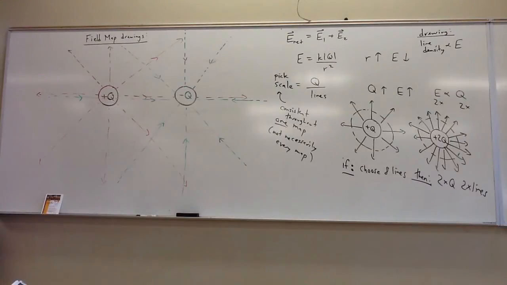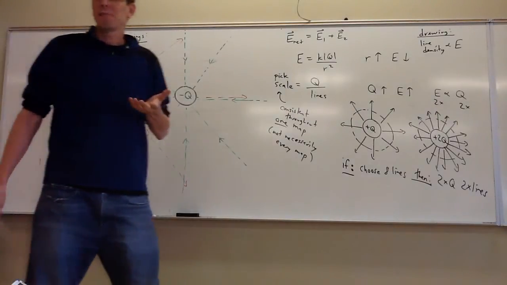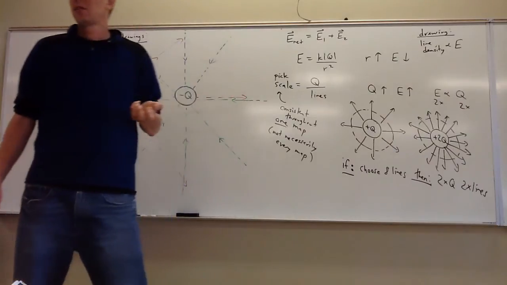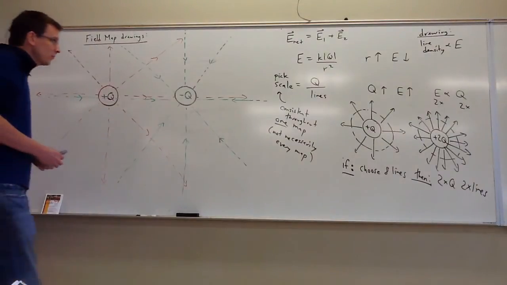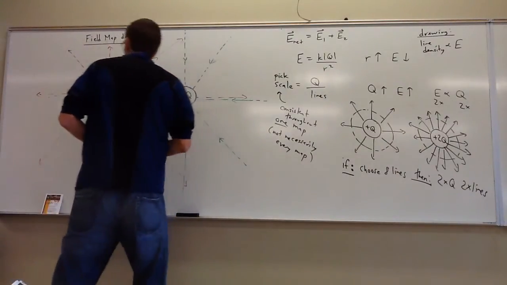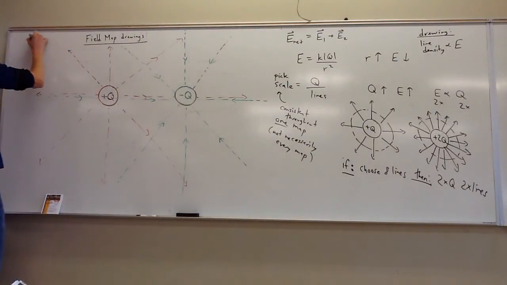So be aware of that for other maps you might be looking at on the homework, for instance, that you can tell a lot about how much charge something has by looking at how many lines it has attached to it. Okay? So, I'm going to pick my scale is that these lines are going to be 8 lines each for my plus charge and my minus charge.